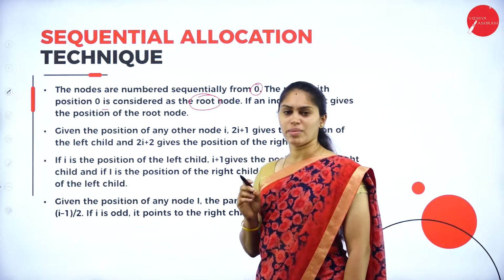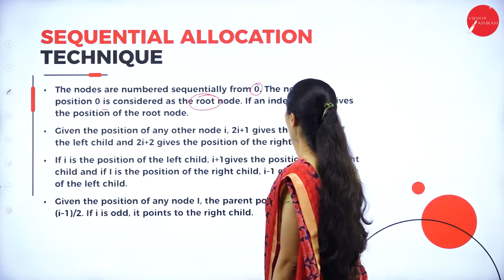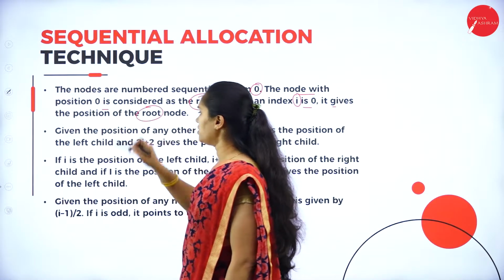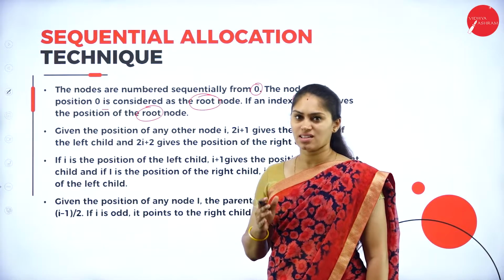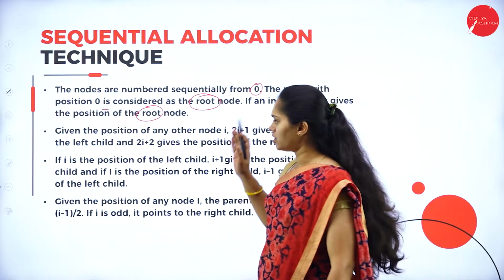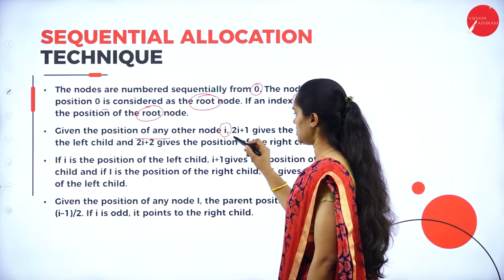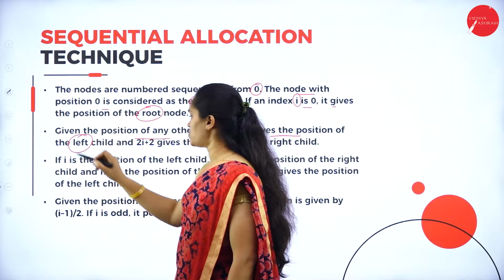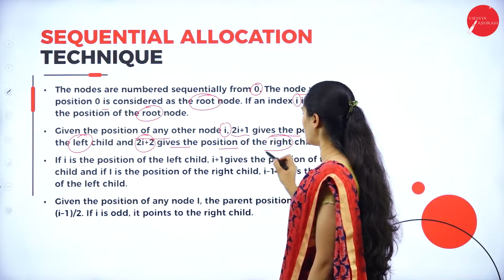If i is 0, then it gives the position of the root node. Here i is the iteration; if it is equal to 0, then that is the link or address of the root node. For any other node at position i, 2i plus 1 gives the position of the left child, and 2i plus 2 gives the position of the right child.